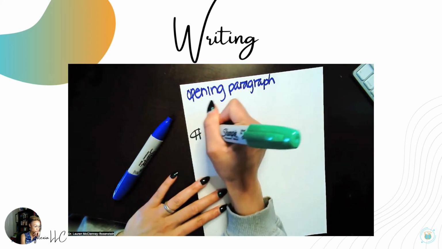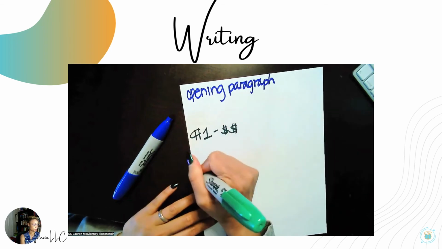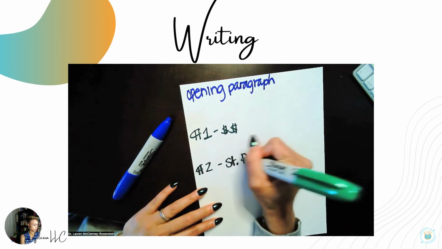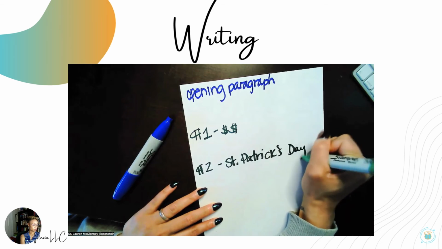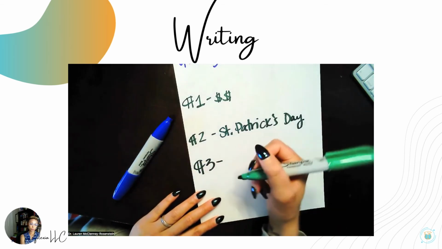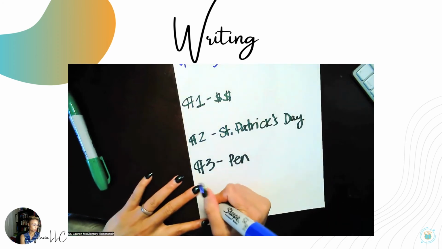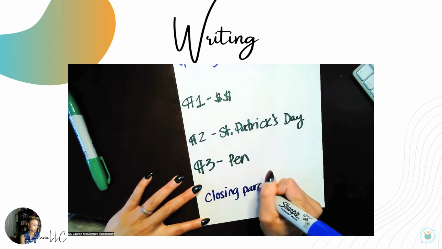I'm going to do the paragraph symbol. Paragraph 1 is about money. Paragraph 2 is about St. Patrick's Day. Okay, then we might have paragraph 3 is about a pen. Then we would have a closing paragraph.